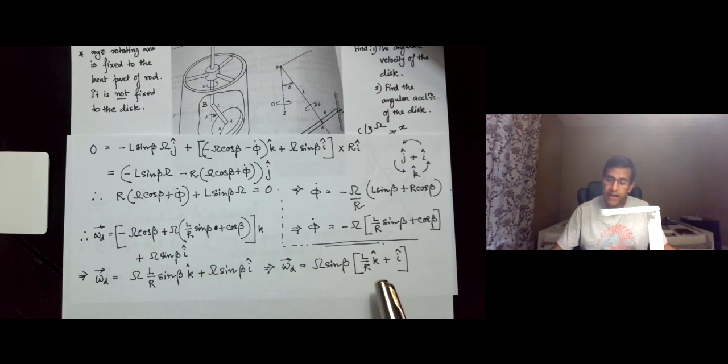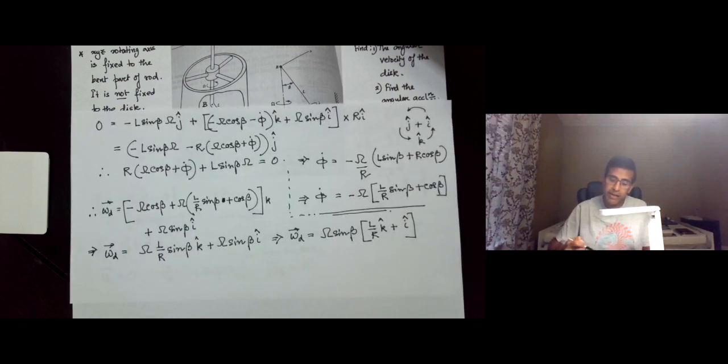So we'll find the angular acceleration through direct differentiation. We'll take the time derivative of this with the consideration that k and i are rotating unit vectors, and the angular velocity of the rotating unit vectors k and i and j will have to be considered. There is a subtlety there that we need to clarify as we take the time derivatives.